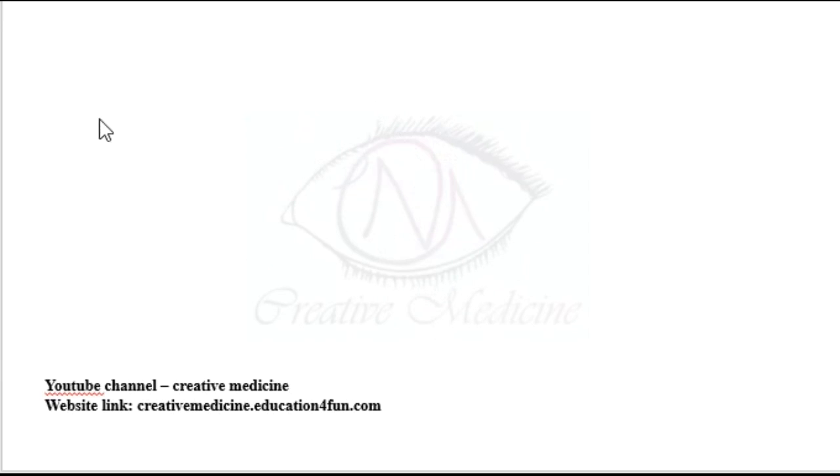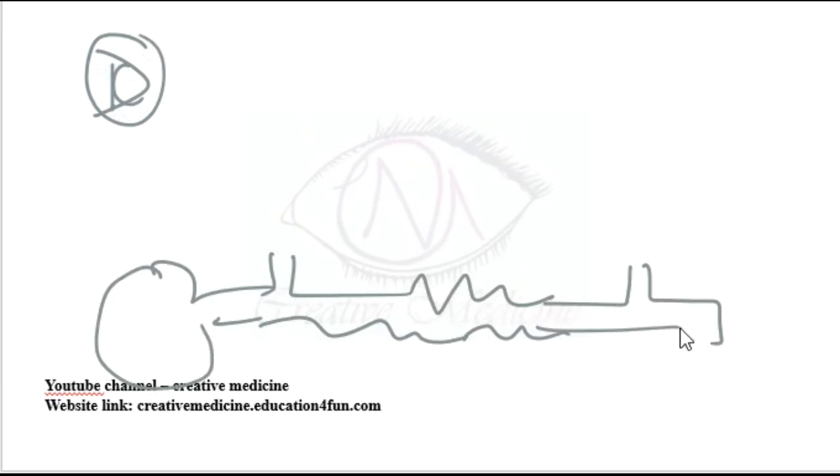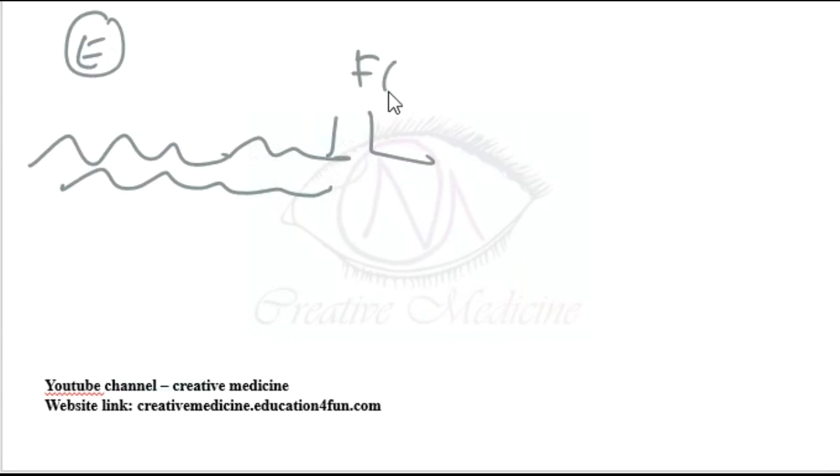Then we have Mapleson D. In Mapleson D also, the fresh gas flow is nearer to the patient. Then we have Mapleson E. Even in Mapleson E, the fresh gas flow is nearer to the patient.